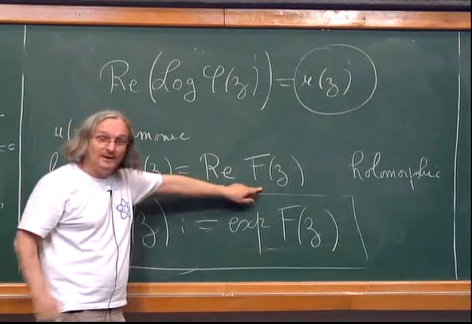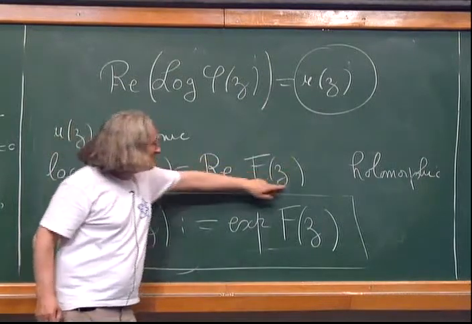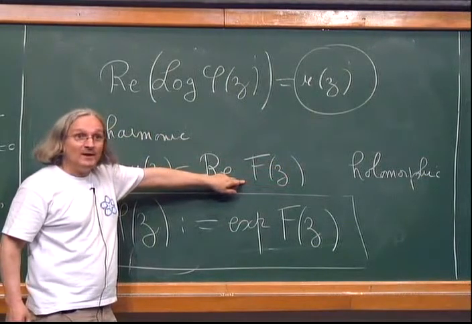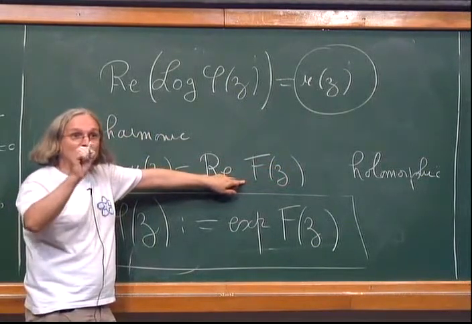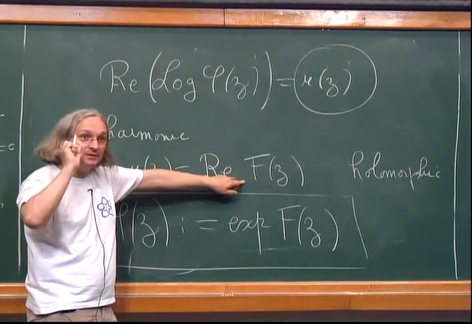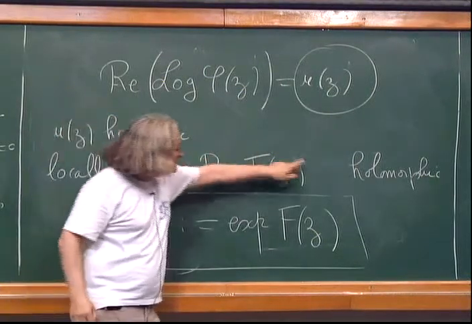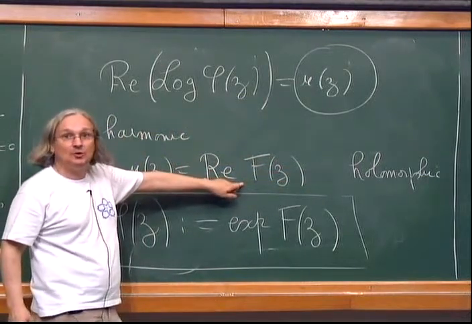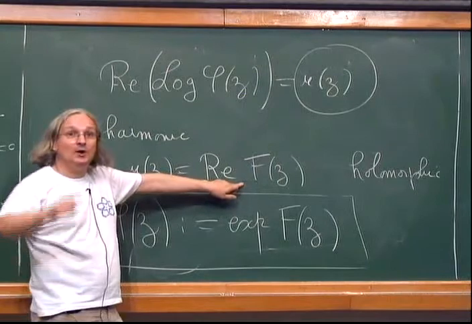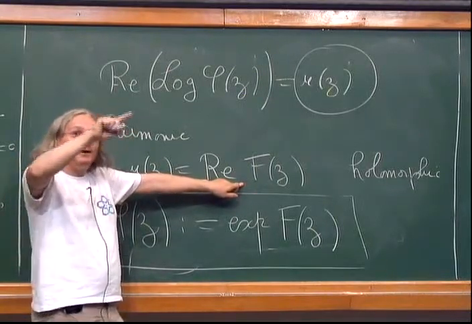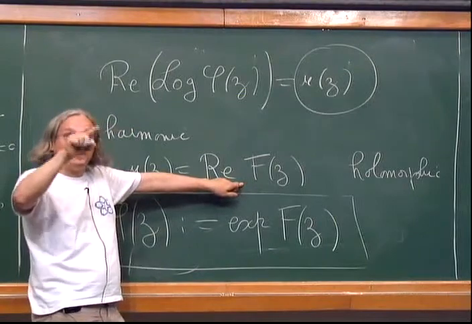To make this function f global, I would need a simply connected domain. But the punctured domain u minus z0 is not simply connected. So this means that this holomorphic function f is not globally defined on u. When you go around the puncture z0, you have an ambiguity of 2i pi.